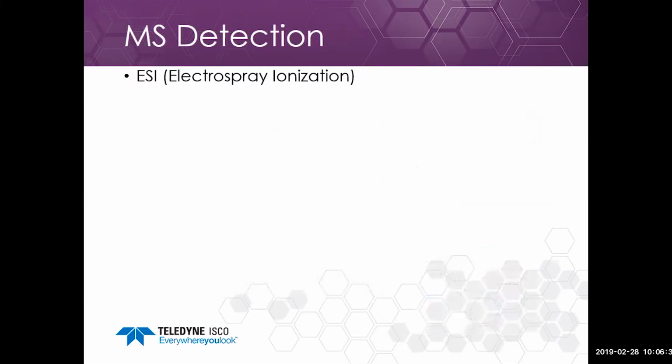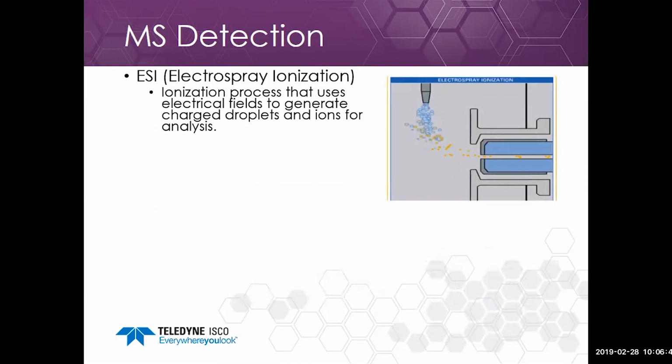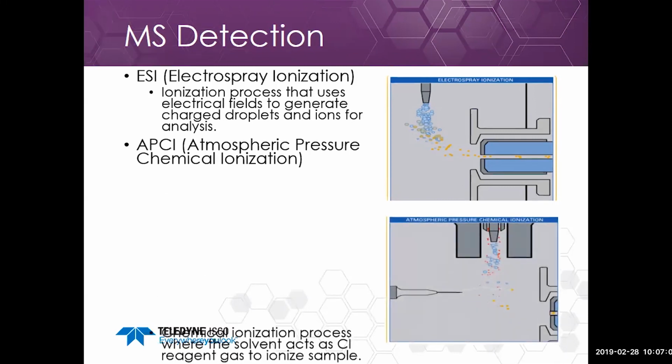With mass spec detection, we offer 2 options: electrospray ionization. This is an ionization process that uses electric fields to generate charged droplets and then ions for analysis. And the solvent vapor evaporates away. The APCI probe is another option.